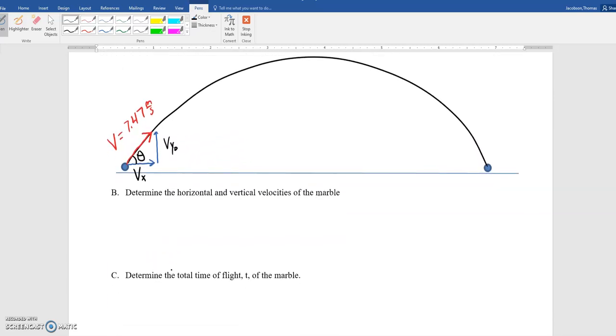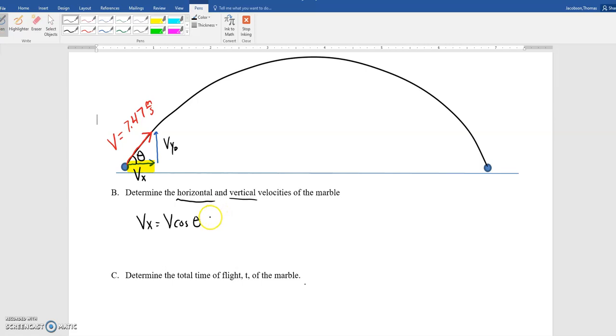Now, the first thing we're going to want to do for all these problems is solve for the horizontal and vertical velocities. And we took some notes on that already yesterday. So it turns out that the horizontal velocity is Vx, and that's v times the cosine of theta. The reason is because that horizontal component is the adjacent leg of that triangle, and adjacent goes with cosine from SOHCAHTOA.